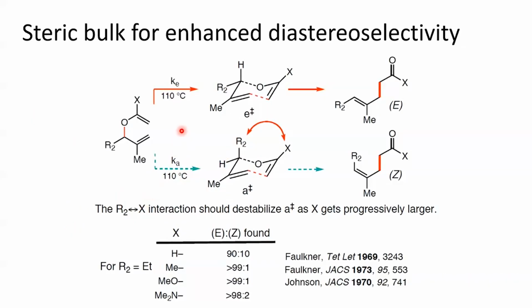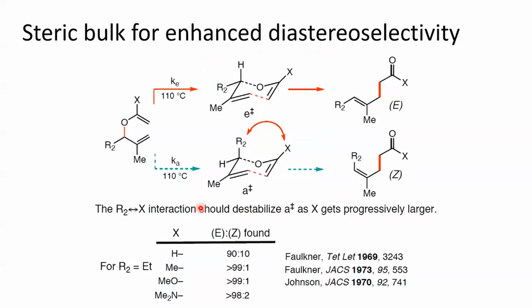Here we have another experimental example. We have our starting material. X is a functional group that they are systematically changing the sterics of, so increasing the steric bulk of the X functional group. We have the major pathway, where the major product has this E conformation about the double bond. We have a minor pathway where our product has a Z conformation around this double bond.